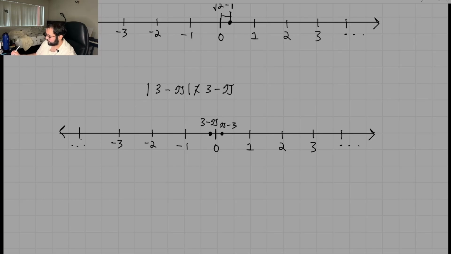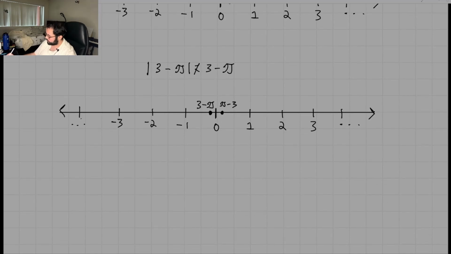This is super messy. I'm going to separate these two. Pi minus 3 is the positive counterpart to 3 minus pi. These two are the same exact distance away from 0. So then, we know that the absolute value of 3 minus pi is equal to pi minus 3.